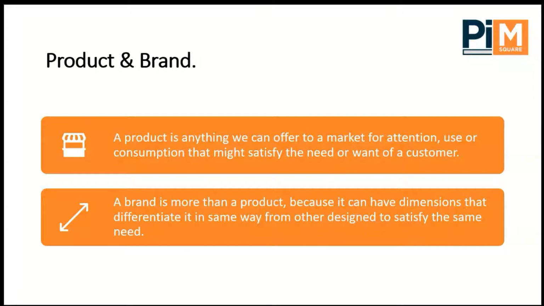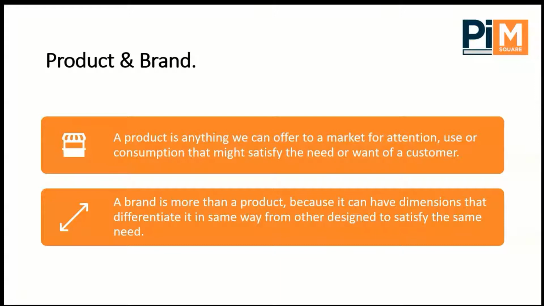Every customer has some need and want. The product gets the attention, use or consumption of the customer, which gives satisfaction to the customer. The satisfaction of the need or want of the customer is known as a product.